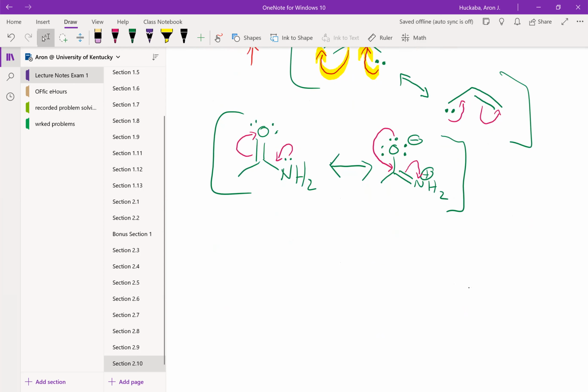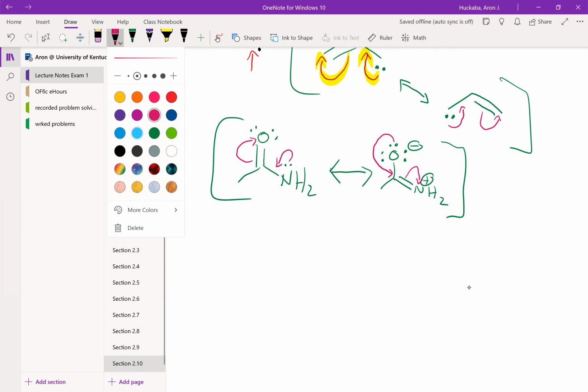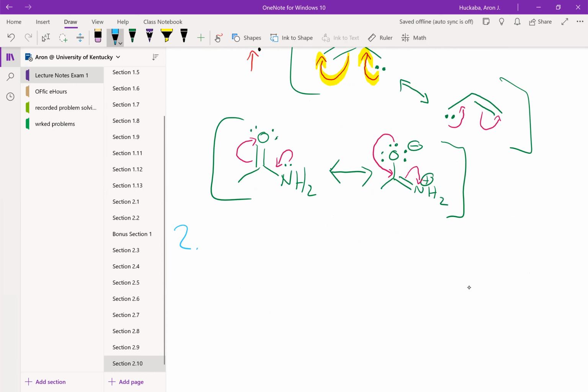The next type of pattern that we can have is the allylic carbocation. So we do that in blue. Allylic carbocation.